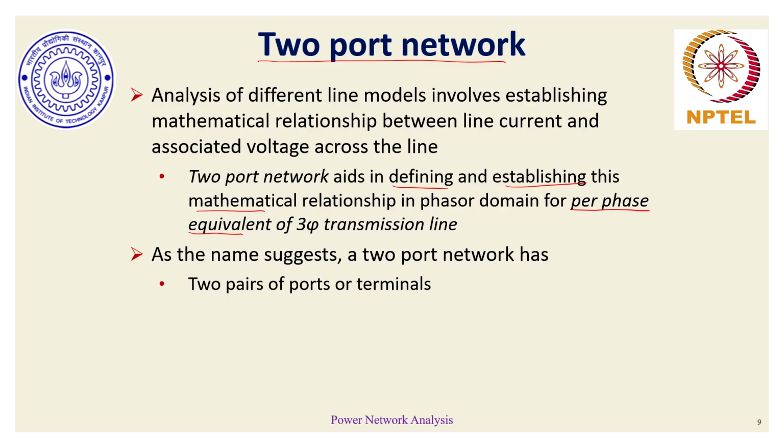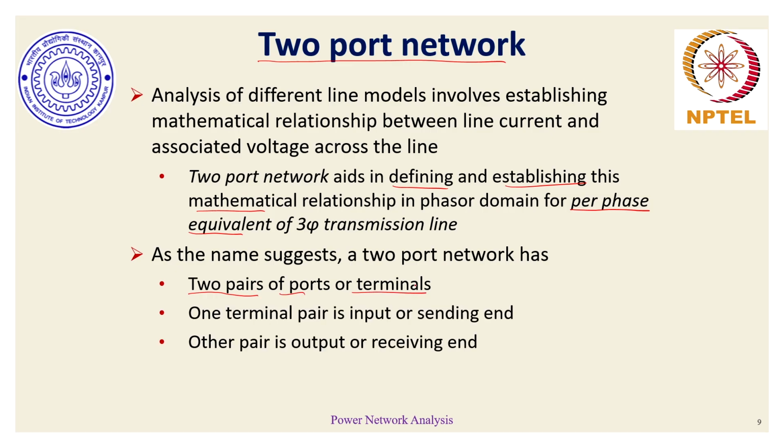As the name suggests, a two-port network has two pairs of ports or terminals. One pair of ports is usually assigned the notion of input end or sending end, and the other pair of ports is called the output end or the receiving end.